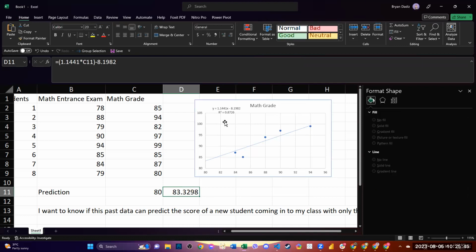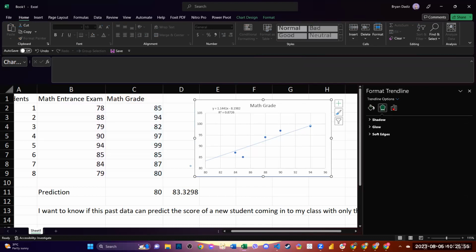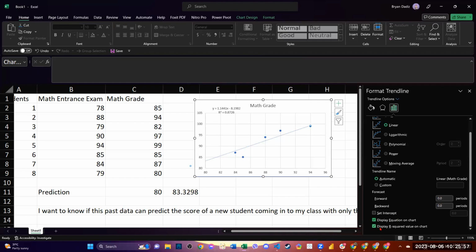So, this is the provided solution of Excel for our linear regression. So, remember, di ba, I check display equation on the chart, right?